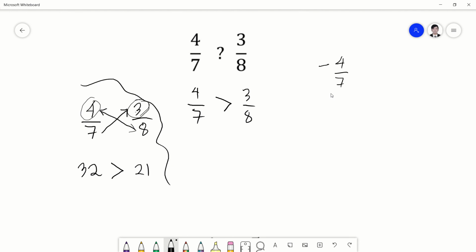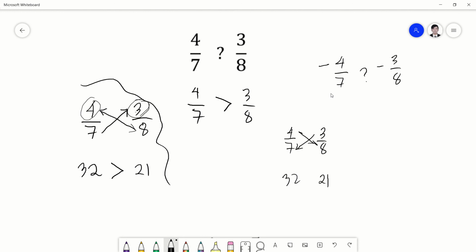If the givens are negative, that means it's the other way around. You can do the same thing but disregard the negative signs. So 4 over 7, 3 eighths, 4 times 8 is 32, 3 times 7 is 21. 32 is greater than 21, so do not be tempted that negative 4 over 7 is greater.